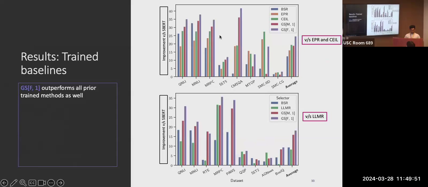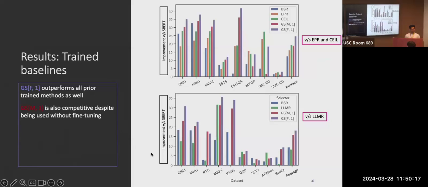And so GSF, the fine-tuned one, consistently outperforms. The purple bar consistently outperforms all three of the prior methods. And then GSM, the red one, is also pretty competitive. It's a bit less than the fine-tuned one, but more than all the training-free baselines, even though it's just used out of the box for all the datasets.